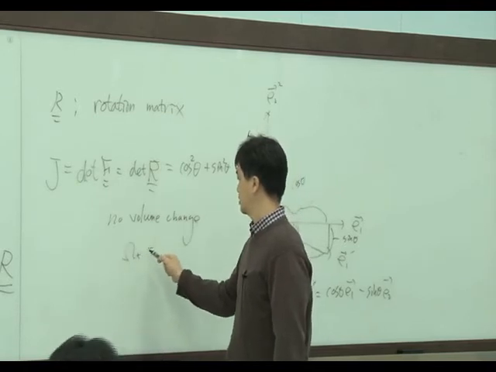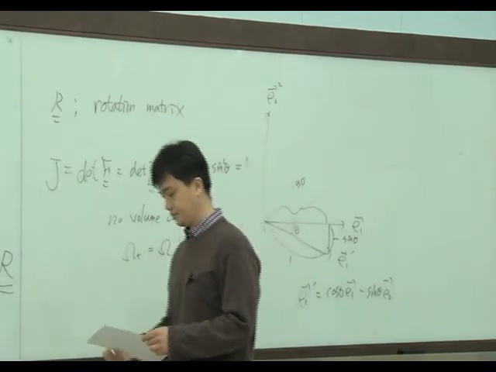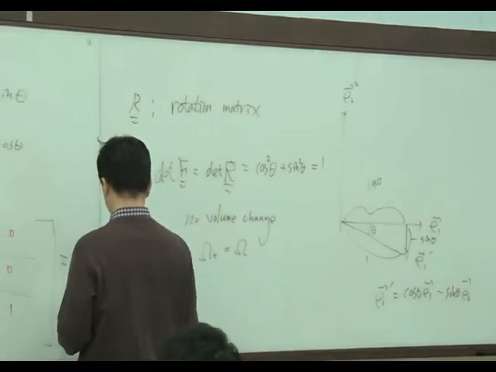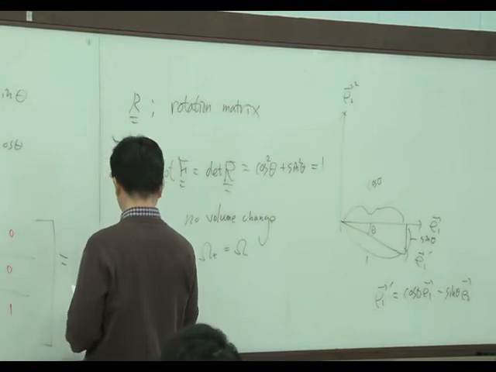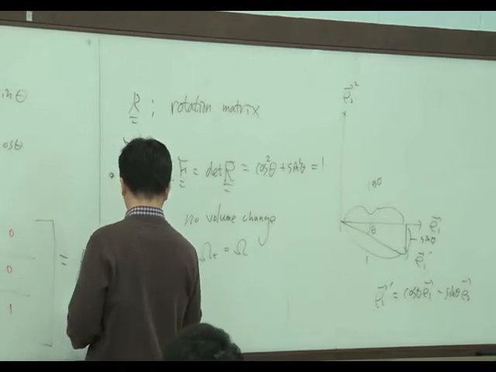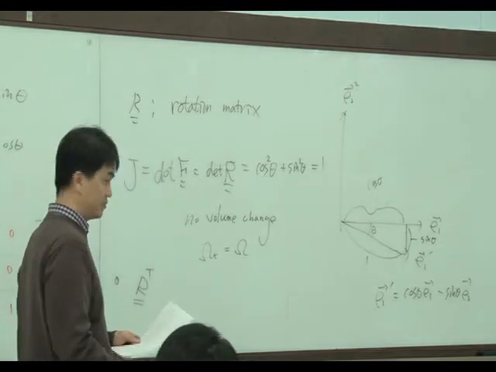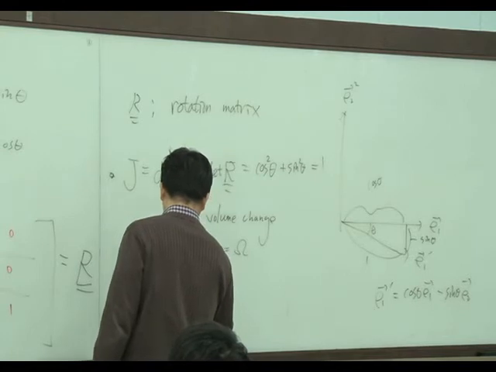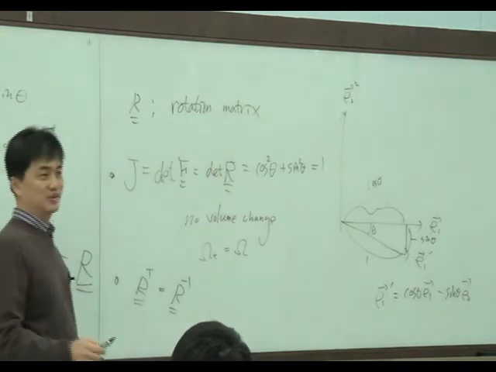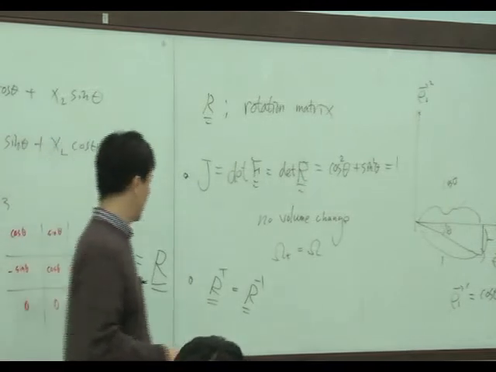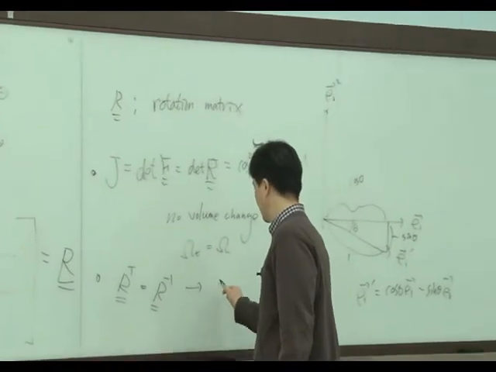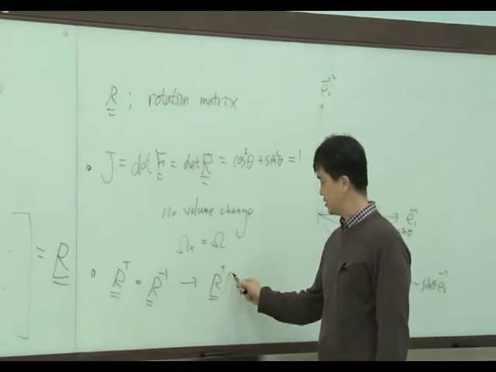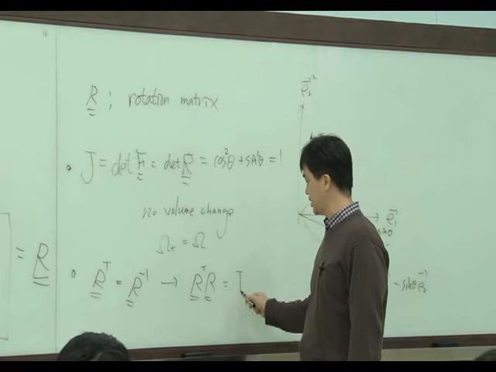And the rotation matrix has a very interesting characteristic. Its transpose is the same as its inverse. Inverse and transpose are the same. So it means if you multiply the transpose of the rotation matrix and this rotation matrix, it gives us the identity matrix.